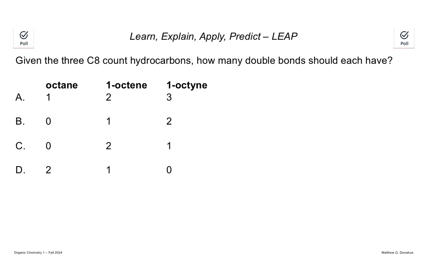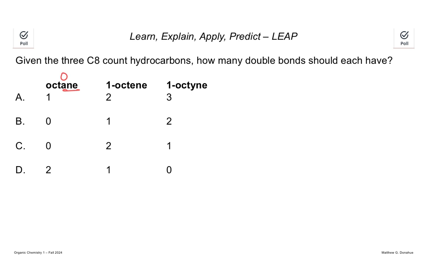So for octane, 1-octene, 1-octyne, how many double bonds should each have? So the octane, A-N-E, is fully saturated, so that has 0.